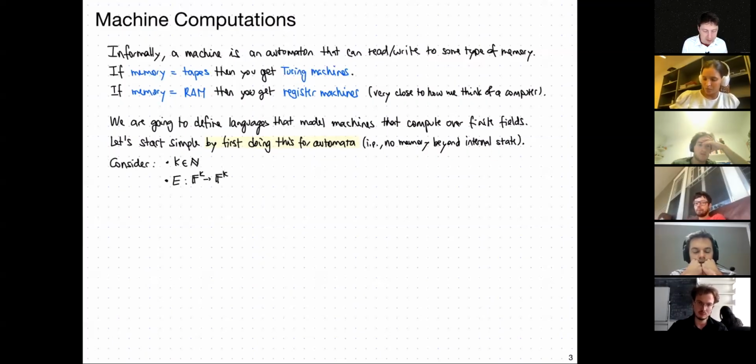Consider that an automaton in this case will be defined by two parameters: k, which you can think of as the state size or the number of registers, and some evaluation function e, which evaluates the next state from the previous one. So it maps k registers, k field elements, into new k field elements.